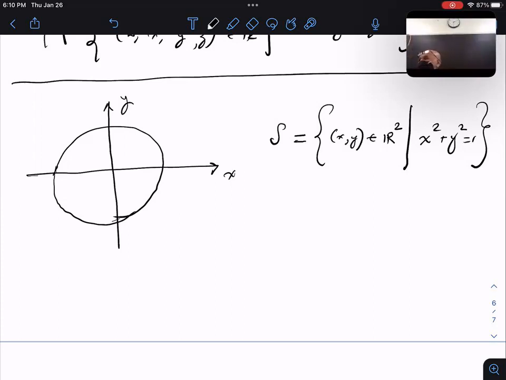So the parametric solution would be a way of mapping not the whole line, which is unbounded. This is a bounded object. So the parametrization would be the map which tells me how to bend it into the form of a circle. We shouldn't think of the whole line, but an interval.